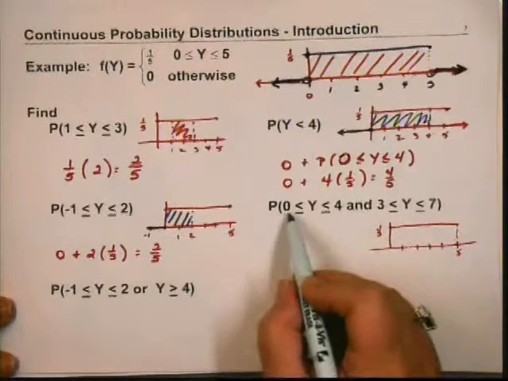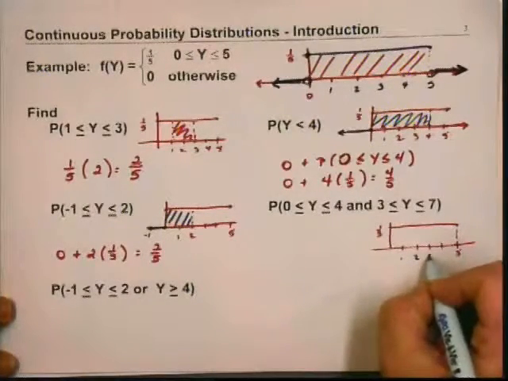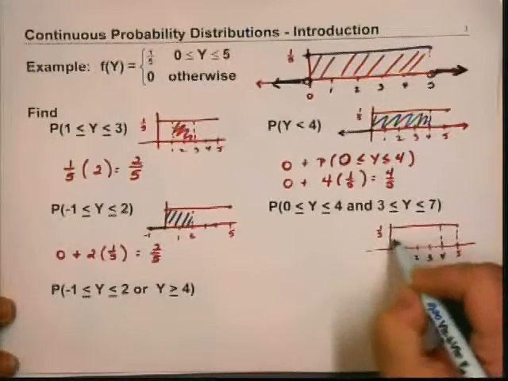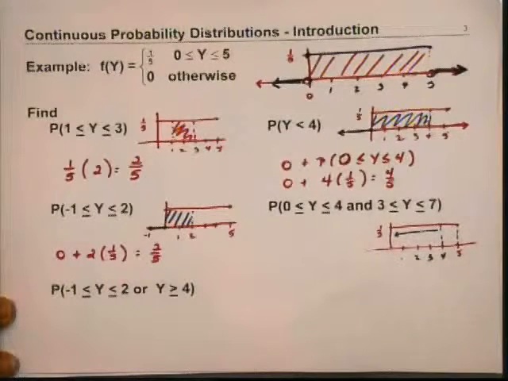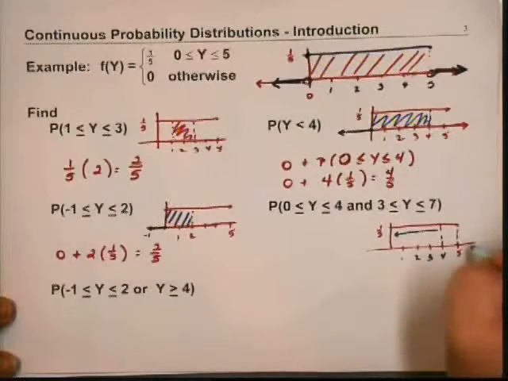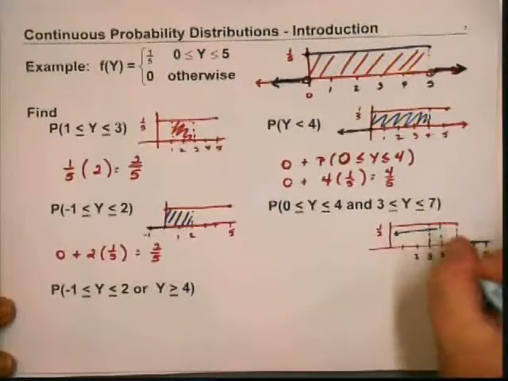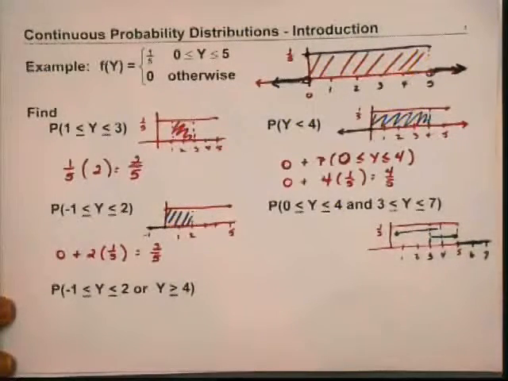In the closed interval 0 to 4, that's 1, 2, 3, 4, we're looking for everything here and to the left, down to 0, and 3 to 7, we're looking for this part to the right here, and then the 0 interval here.